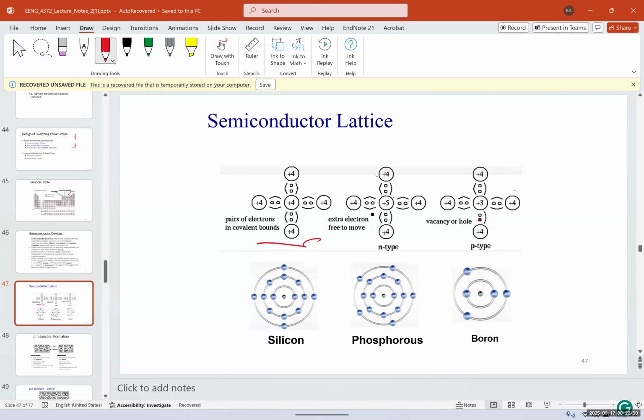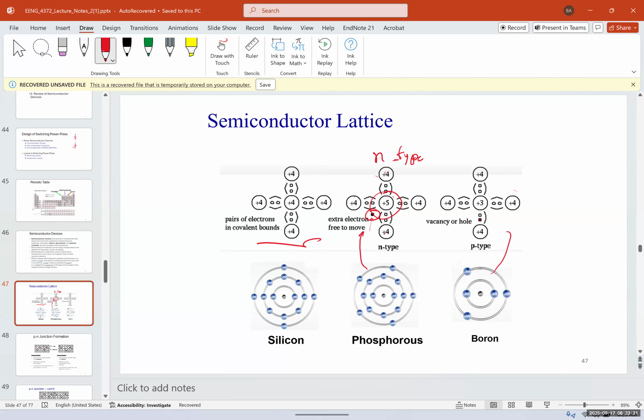When we introduce an extra electron to the system, like when you bond it with phosphorus in the middle, there would be a free electron in the system. So this one has a donor electron. We have doped it with phosphorus. Now you have made it an N-type, or a negative type semiconductor.